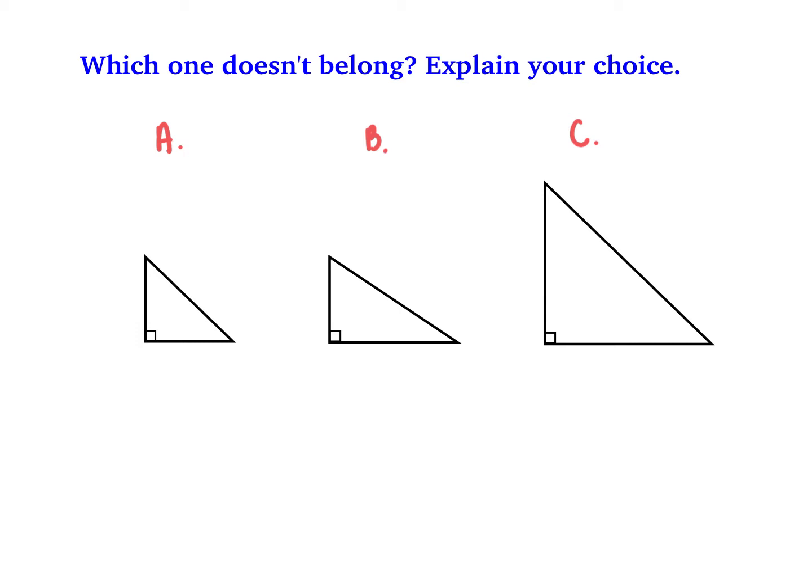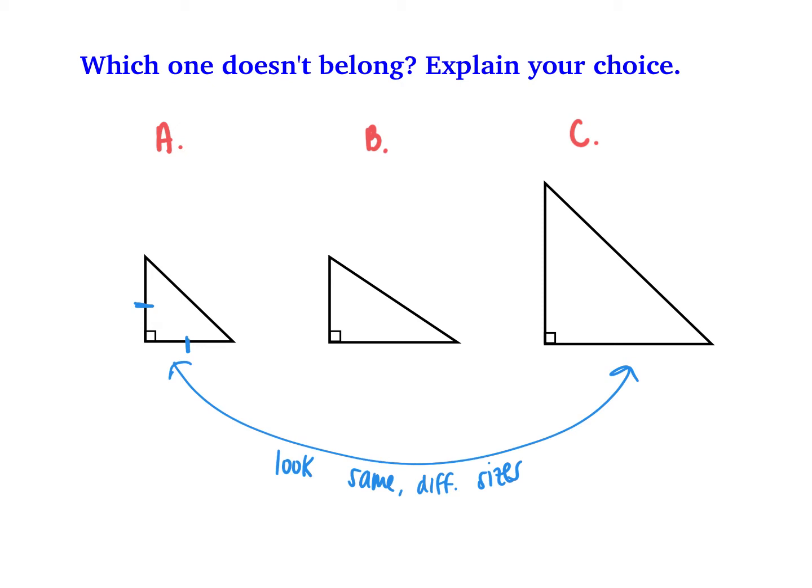If I look at A and C, they kind of look the same, just different sizes to each other. And if we explore why that is, it looks like this side and this side are the same length. And the same would be true for C. This side and this side look to be about the same.